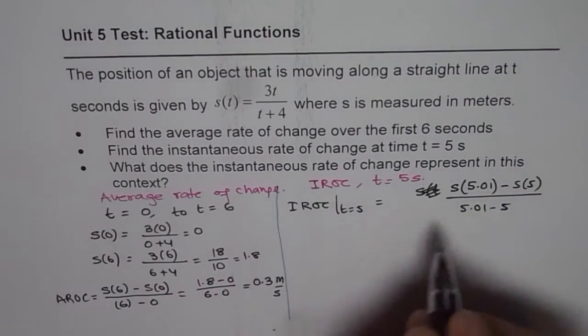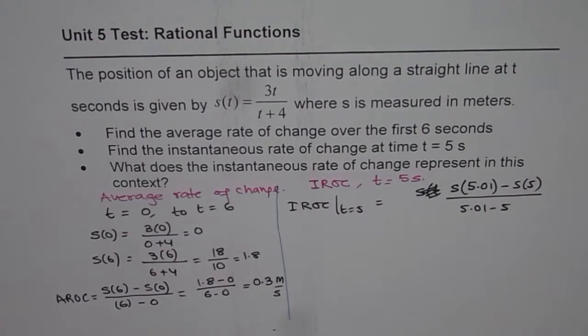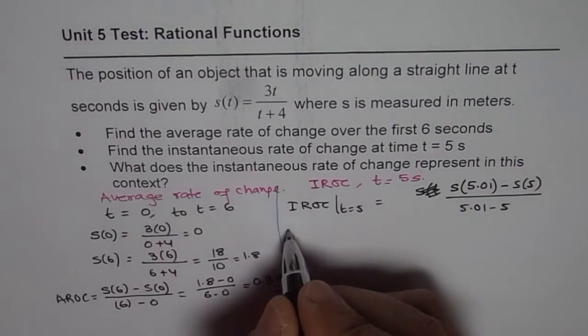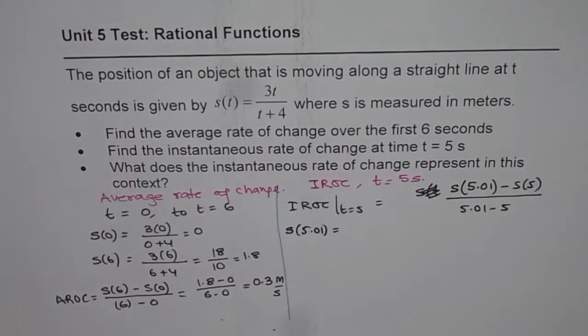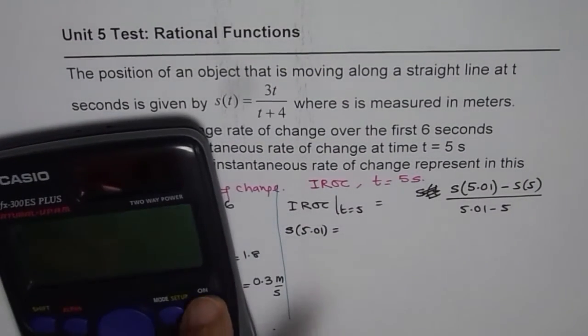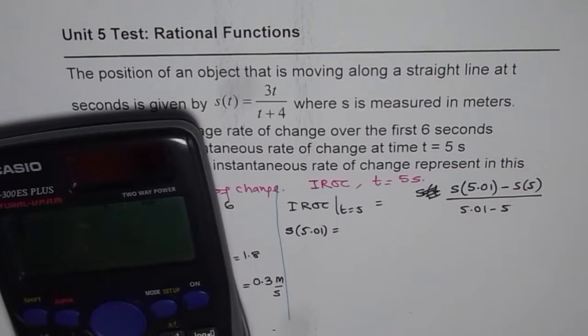So let's figure out, we can use the calculator and find what s of 5.01 equals. We'll use the calculator and find the value, which is 3 times 5.01, and we have to divide this by 5.01 plus 4. I should actually use the bracket, so let me use it again.